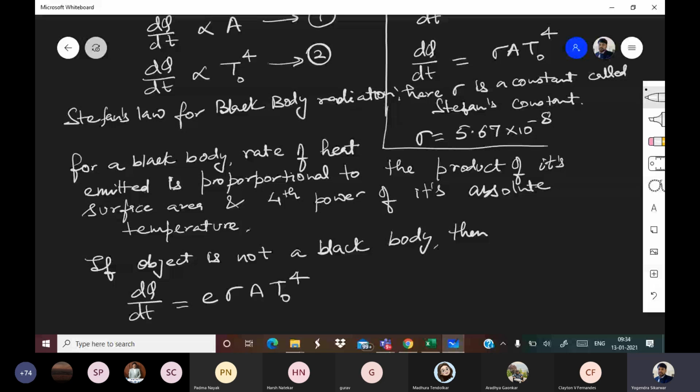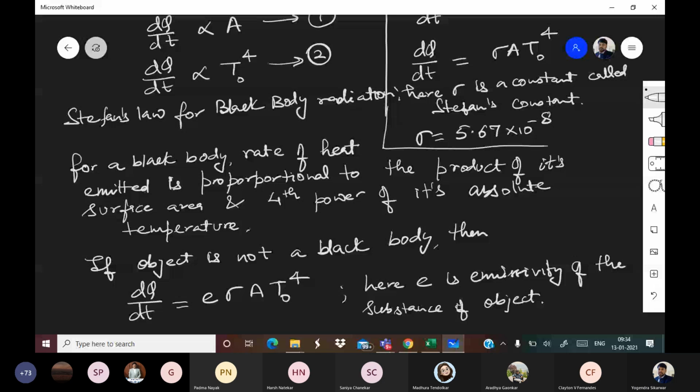Here small e is the emissivity of the substance of the object.